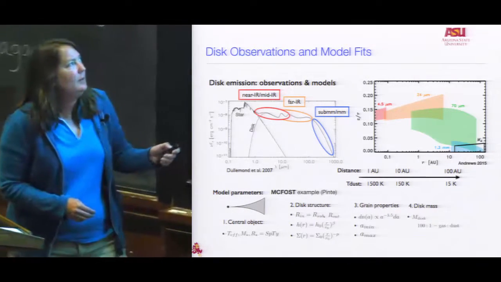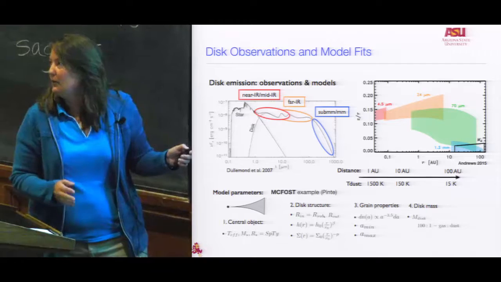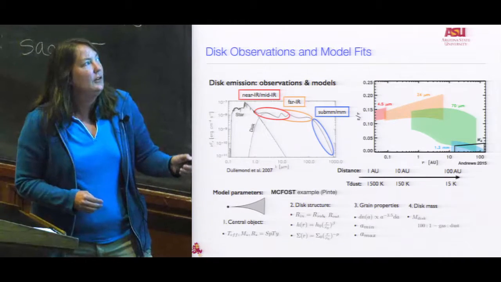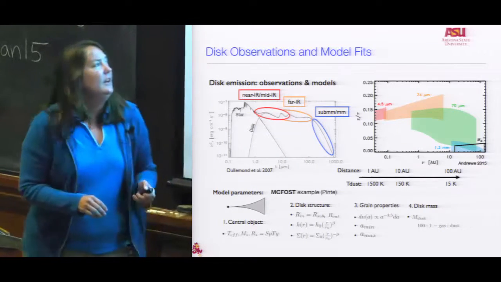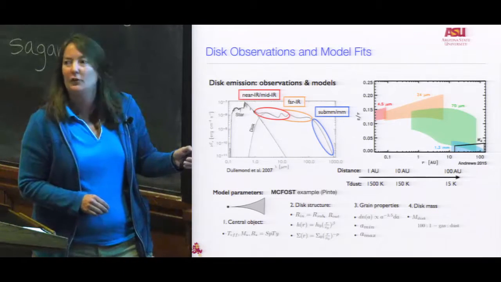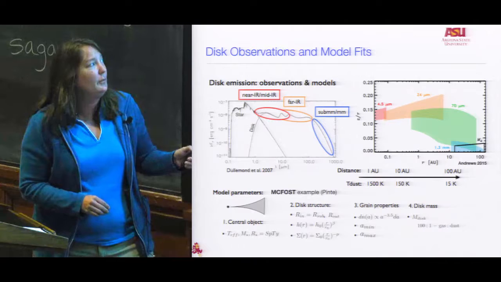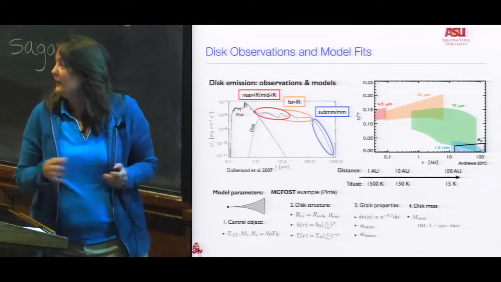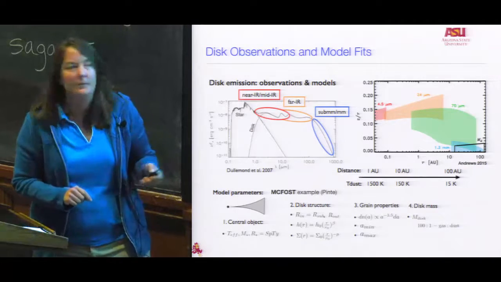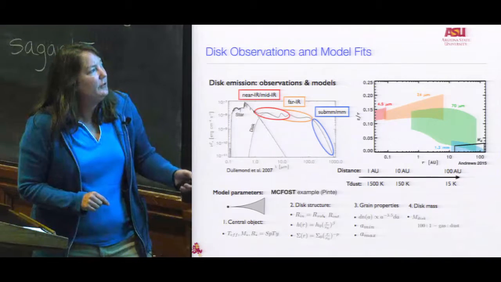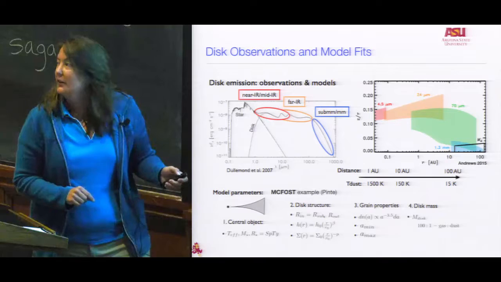And then just one example of, there are a number of models out there. There's one example called MCFOST, that's a radiative transfer setup, where the photons from the central object are the starting point. And so given the effective temperature of the object, those photons are then sent out into a grid to solve a radiative transfer problem for a disk of a given structure.